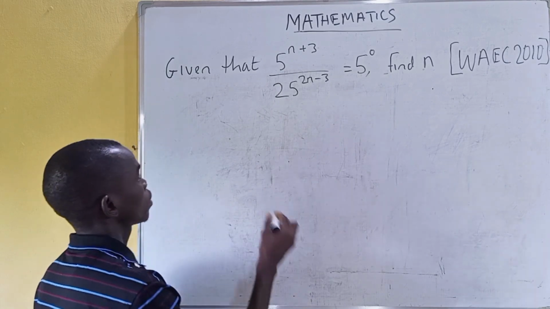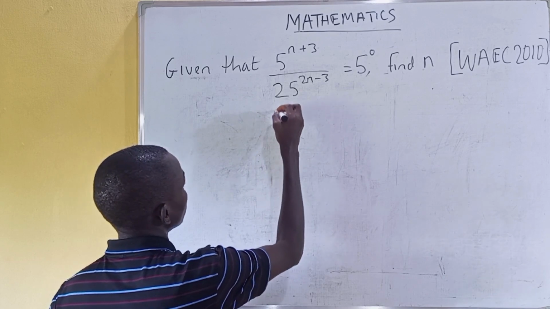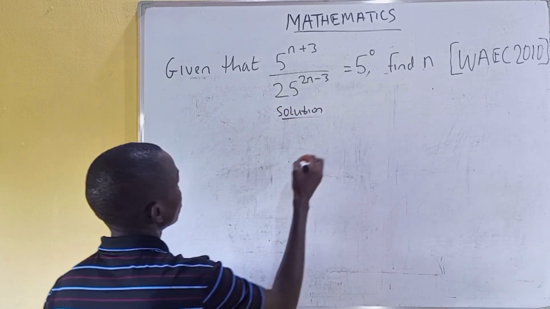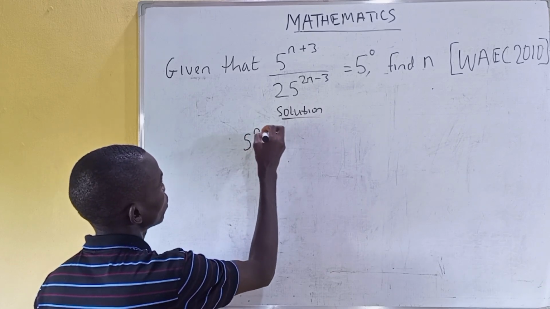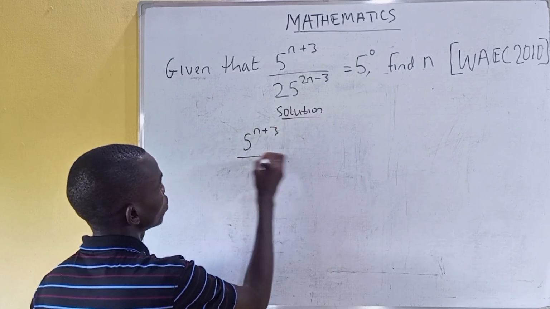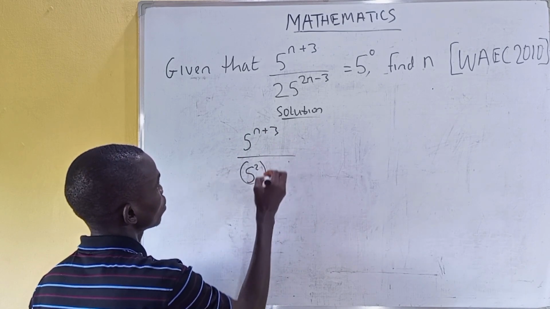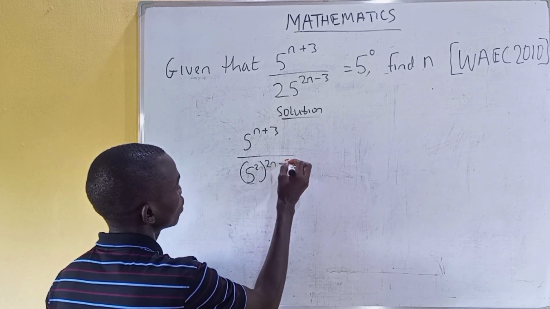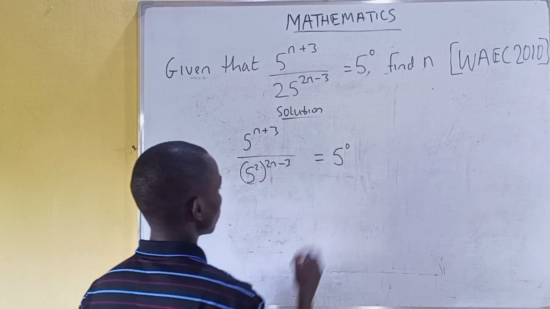So we now have 5 raised to power n plus 3 over 5 squared raised to power 2n minus 3 is equal to 5 raised to power 0.